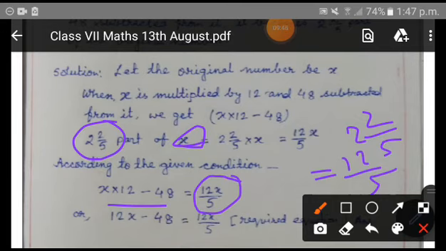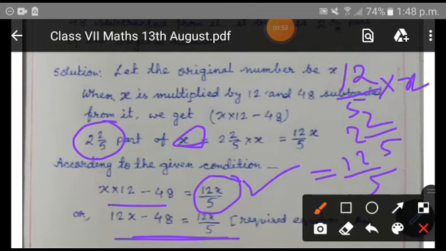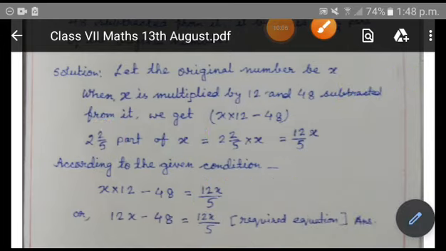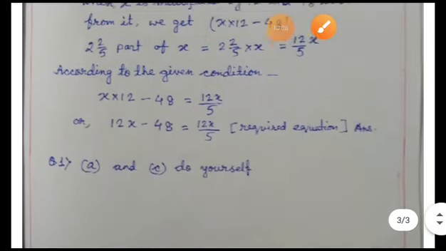Now of means multiply, so 12 by 5 of x means into x. So 12x by 5. So this is your required equation: 12x minus 48 equals 12x by 5.